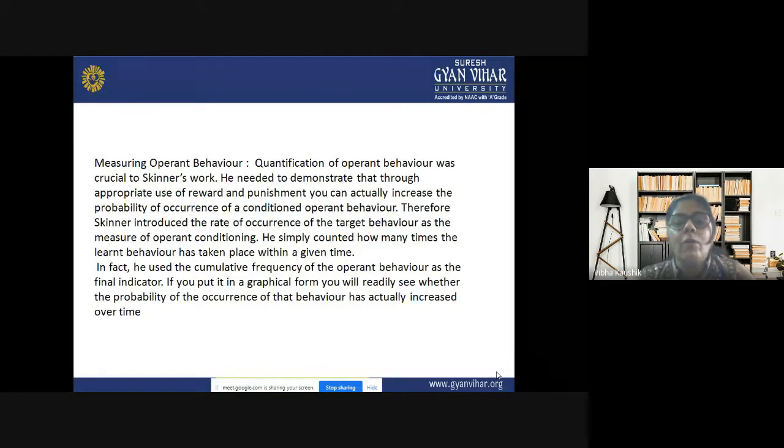He simply counted how many times the learned behavior took place within a given time. In fact, he used the cumulative frequency of the operant behavior as the final indicator. If you put it in graphical form, you will readily see whether the probability of the occurrence of that behavior actually increased over time.